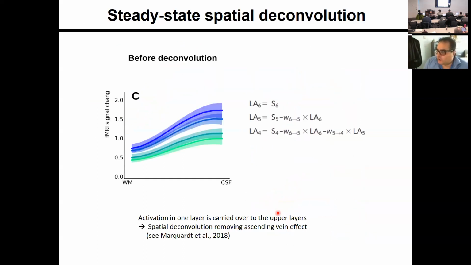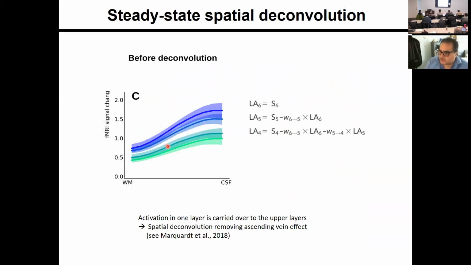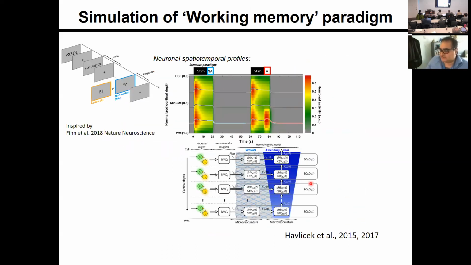Now, if you go back to these equations, these are dynamic equations, first order differential equations as a function of time, which means they cannot only apply to steady state, but can also apply to the entire time course, which we did here. This is from an OHBM abstract from 2019, where Martin gave a presentation at the OHBM conference.